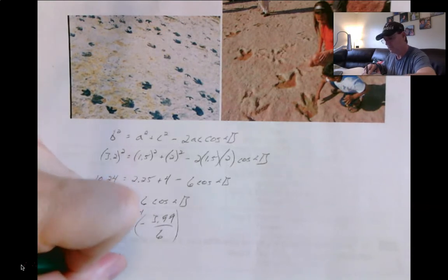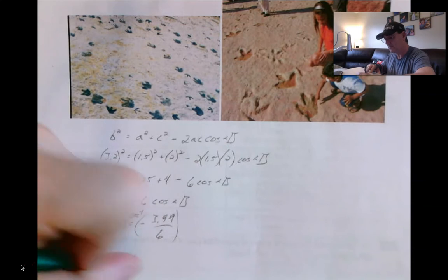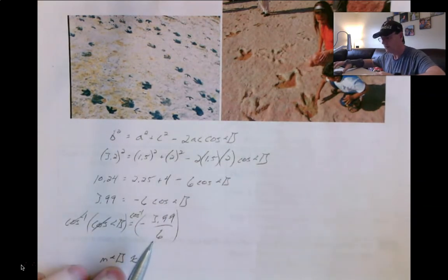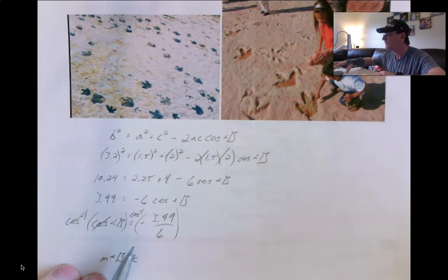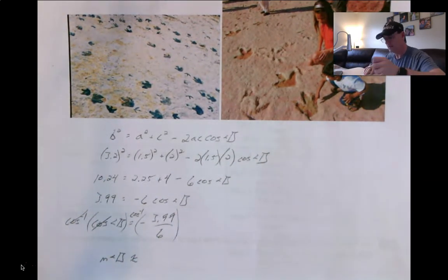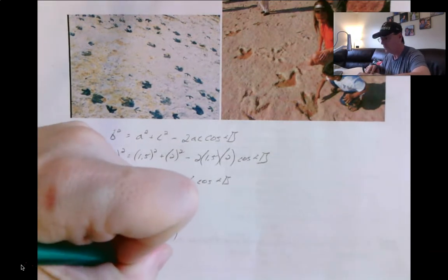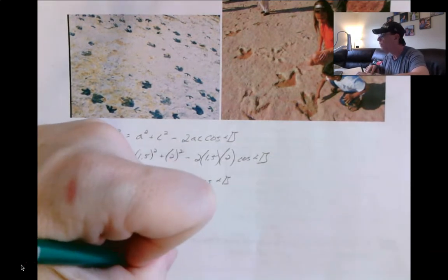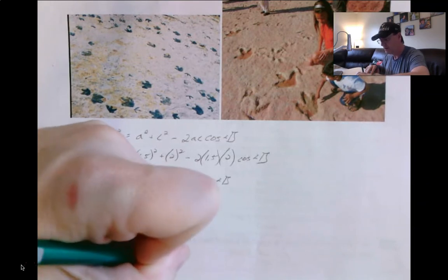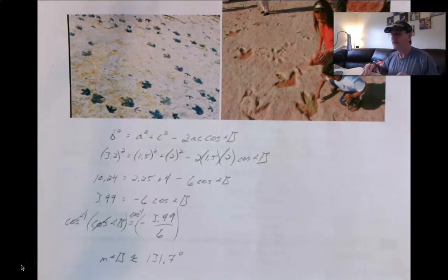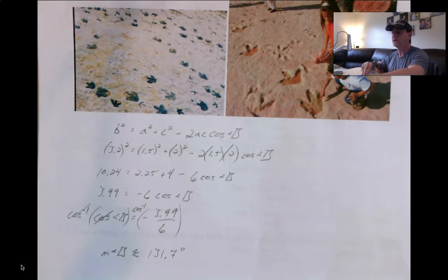Measure of angle B is approximately equal to the inverse cosine of negative 3.99 divided by 6, which gets me negative 0.665, and the inverse cosine of that gives 131.7 degrees. And that is the step angle for this particular dinosaur, 131.7 degrees.